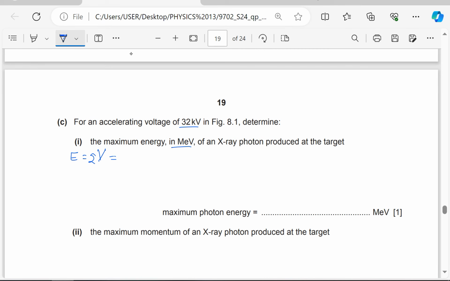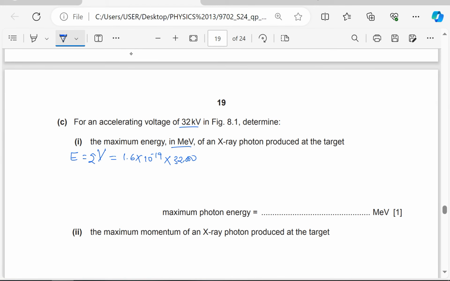So this is going to be the charge of the electron, because the energy of the electron is what becomes the energy of the X-ray photon. And for a photon to have a maximum energy, it means all the energy of the electron, which is given by the charge times accelerating PD, has become a photon. So this is going to be the charge, which is 1.6 times 10 to the power of minus 19, times the accelerating PD, which is 32,000.